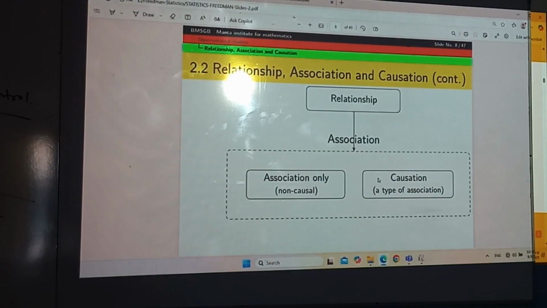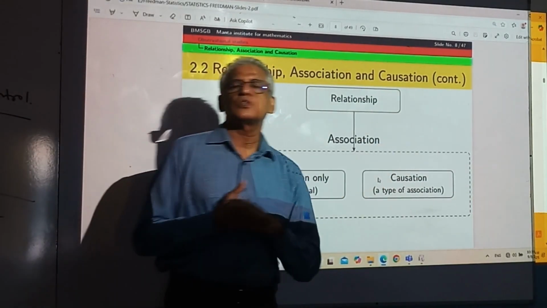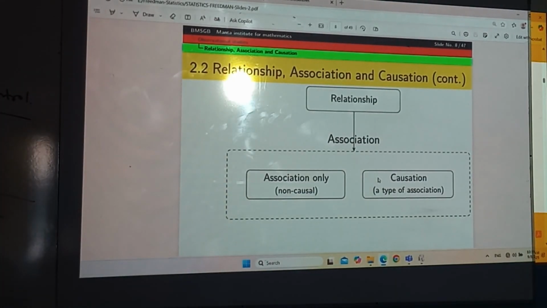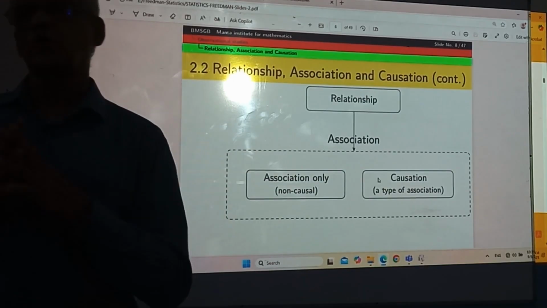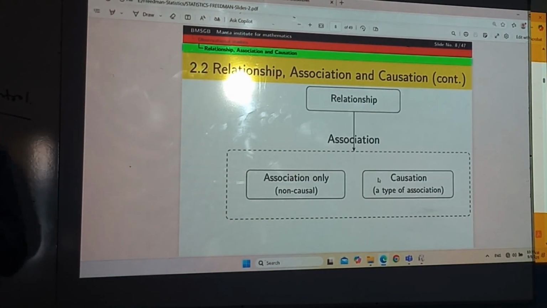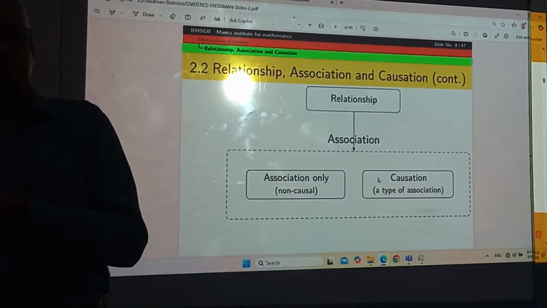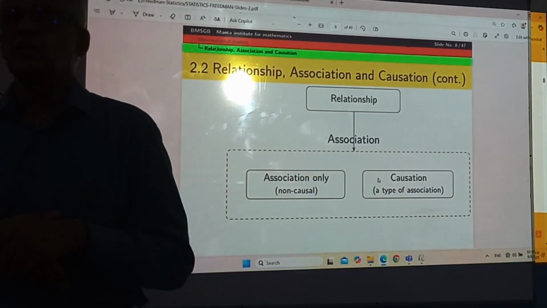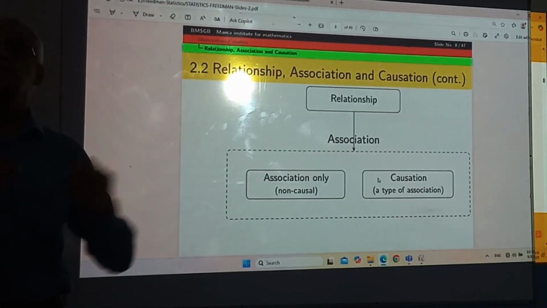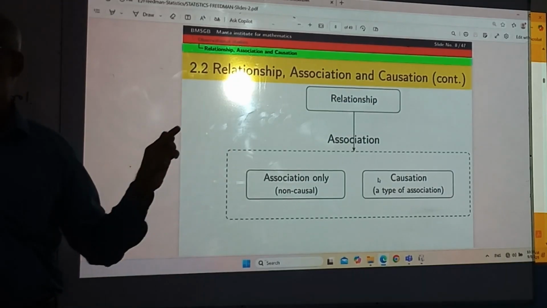The important thing to understand is, if you want to establish a causation, the best thing to do is an experimental study, if possible. Otherwise, if you are using an observational study, you cannot actually establish causation. You really cannot prove causation, because there are always confounding variables. Some we know, some we don't know. In this kind of study, there are so many other variables affecting the relationship between the two variables that we want to look at.